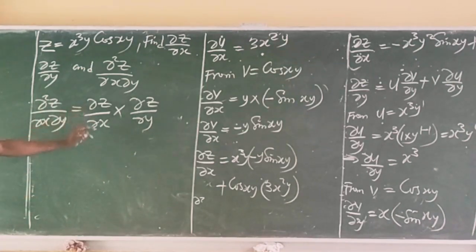So we know what partial z, partial x is, we know what partial z, partial y is, so we simply multiply them together.